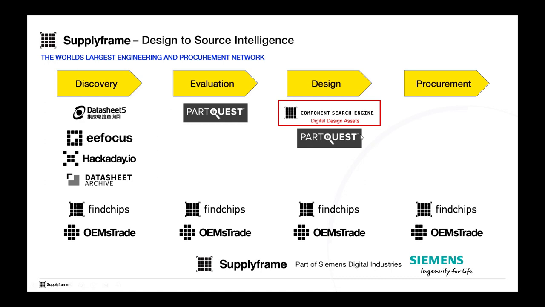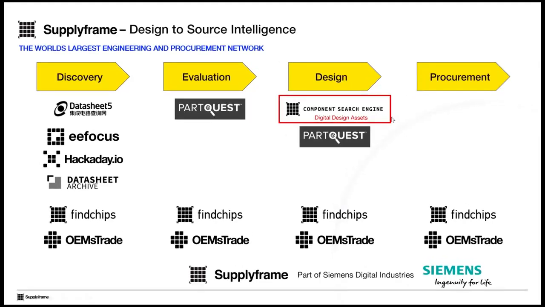Once you have evaluated your design and the components that you want to use, you need to place them into a design tool, either a PCB design tool, a mechanical design tool, or a panel design tool, and for that, a component search engine is your source of information.